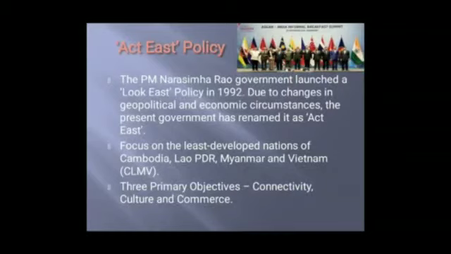And commerce: strong production networks, regional value chains, bilateral trade agreements. So basically these are the three primary objectives: connectivity, culture and commerce, the third point as written.